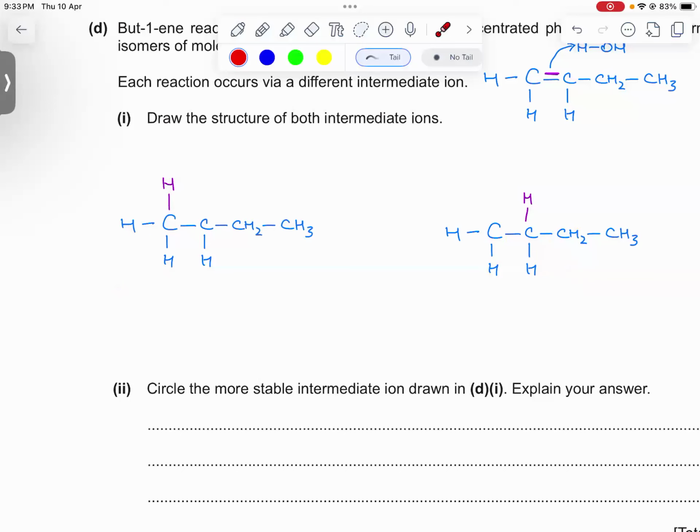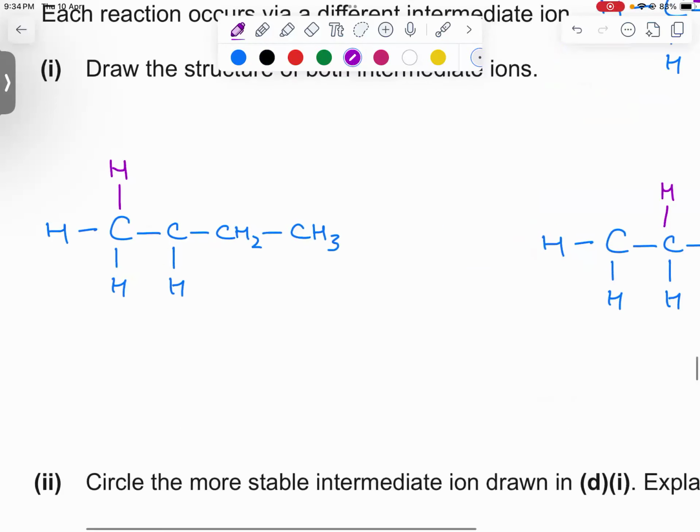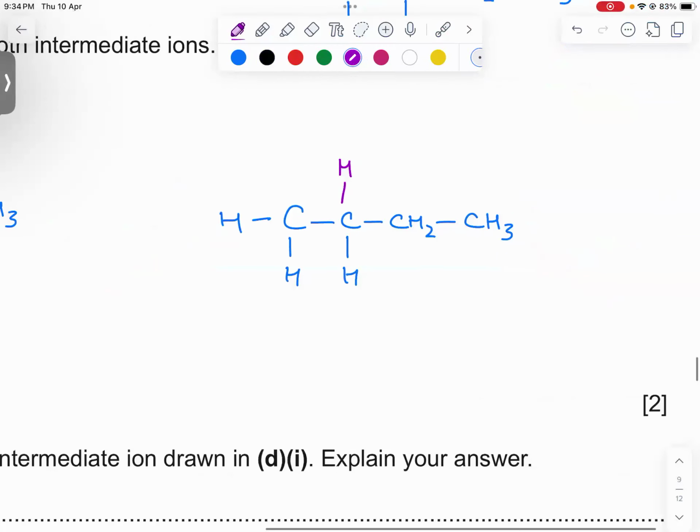But which carbon will it join with more? It will depend upon the carbocation that is formed. In this case, this will be the carbocation because now it has one less bond. And in this case, this will be the carbocation because it has one less bond.